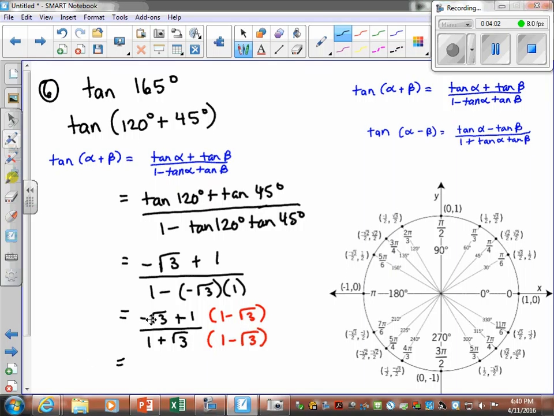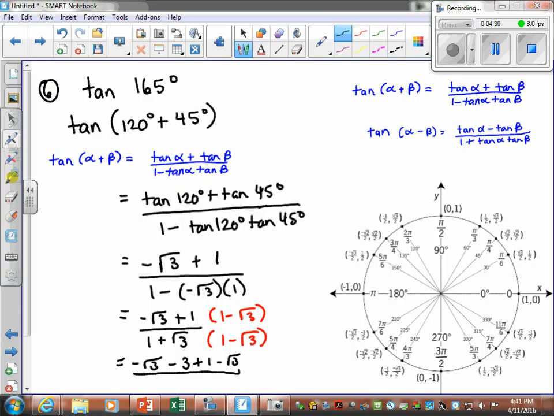So we're going to get square root of 3 times 1 is negative square root of 3. Then we would have negative square root of 3 times square root of 3 would be just a negative 3. Then we're going to have a 1 times a 1. Then we're going to have 1 times a negative square root of 3, which is a negative square root of 3.